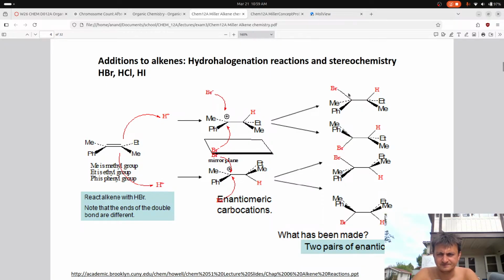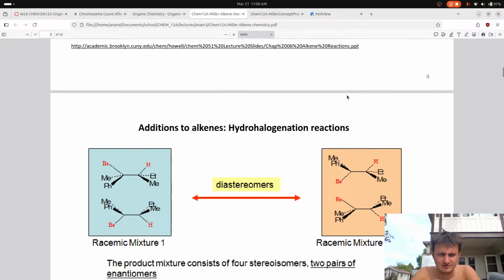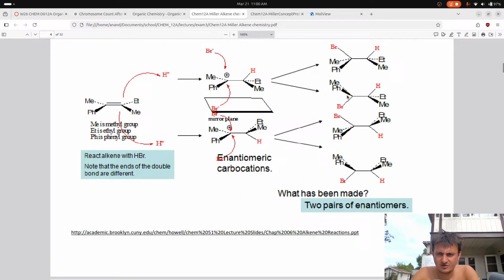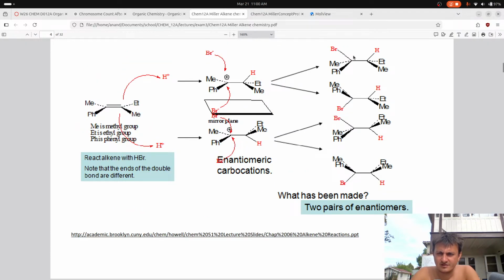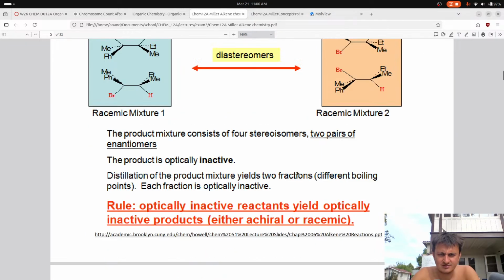So this is going to be R. Let's see, do we have Br and H on the top? That's this one. That's going to be R as well, right?